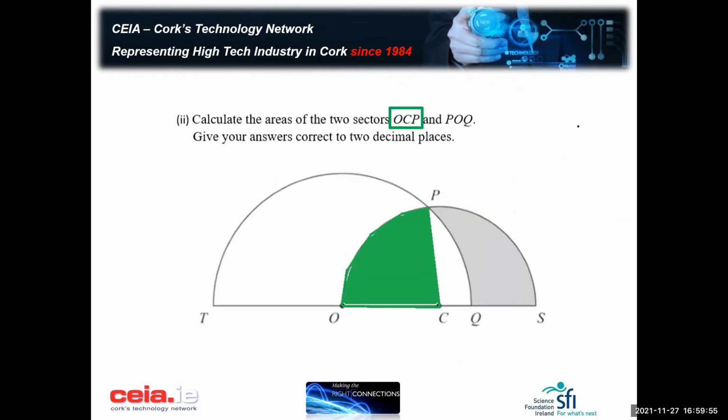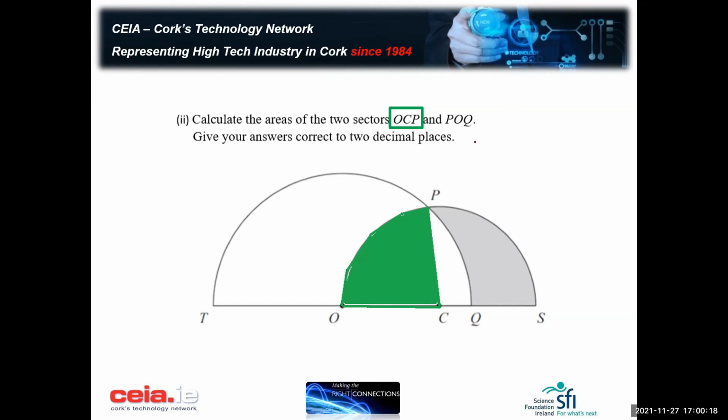So I'm going to do one at a time. Calculate the area of the sector OCP. I've labeled this OCP in green, and I'm going to do the workings in red, just for completeness. The area of a sector is generally some fraction of the overall area of a circle.